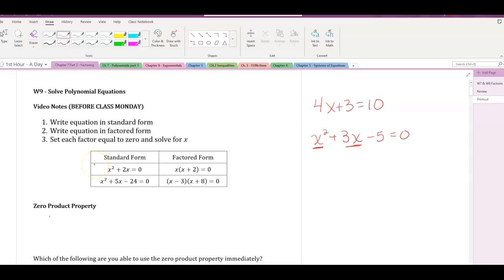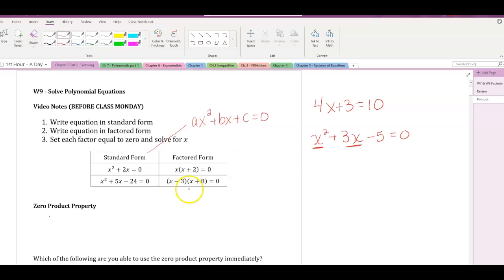One thing that we need to talk about first before we get started is the difference between standard form and factored form. Standard form of an equation is when you have it in highest exponent to smallest exponent or constant and set equal to 0. So there are no factors, and it is what we call ax squared plus bx plus c equals 0 form.